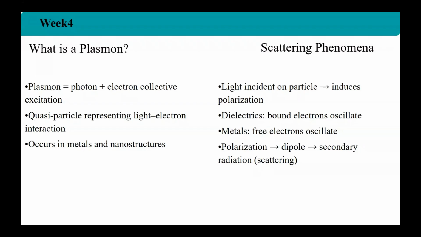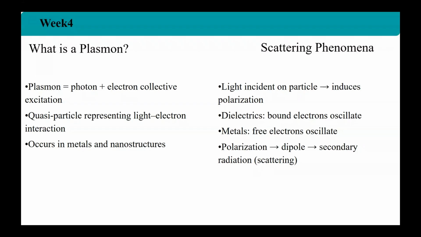Here we are talking about scattering due to nanoparticles. When light interacts with a smaller object, it will induce polarization, and in dielectrics, bound electrons oscillate, and in metals, free electrons oscillate.